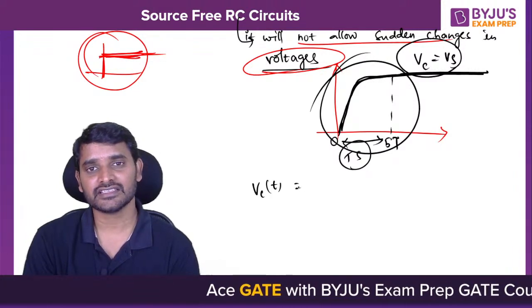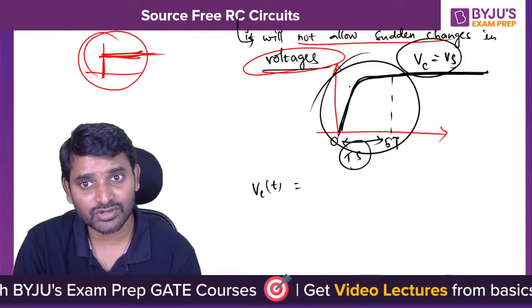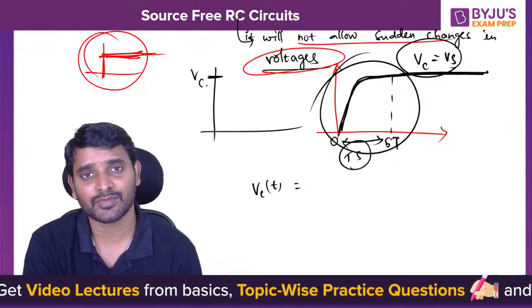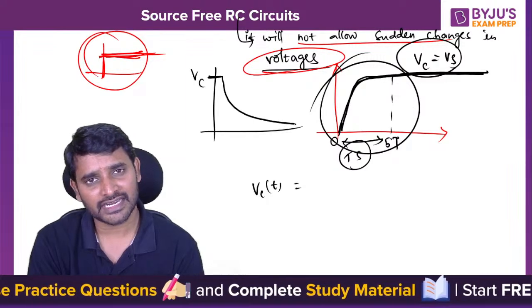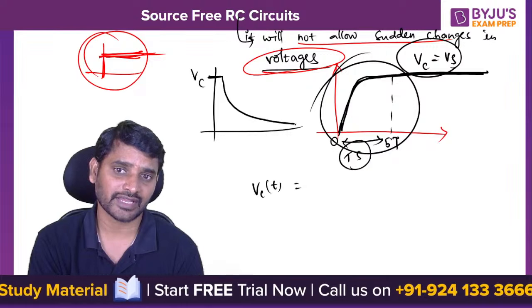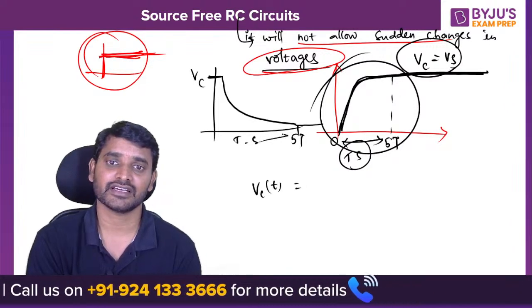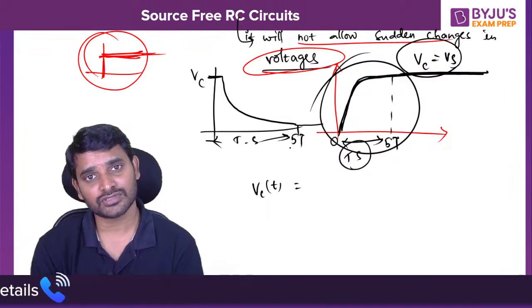If it is a source-free circuit, obviously it is not going to store, it is going to decay. That means initially it will have some amount of voltage, and later it won't lose the entire voltage to 0 within zero time. So it takes some time, which is again called the transient period or transient state. It takes 5 time constants to lose its potential.